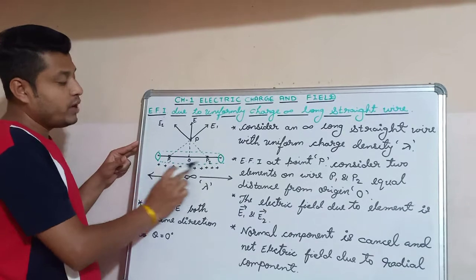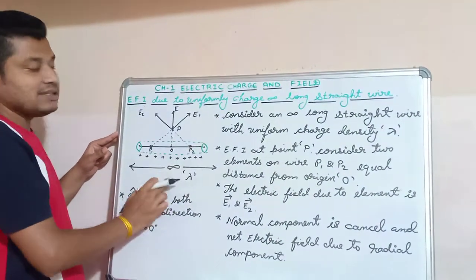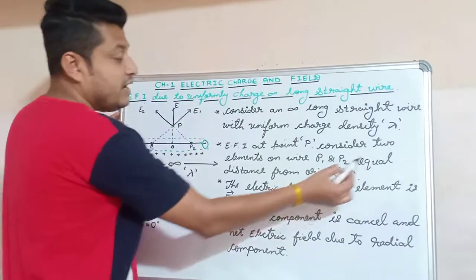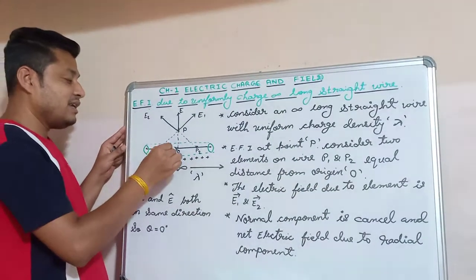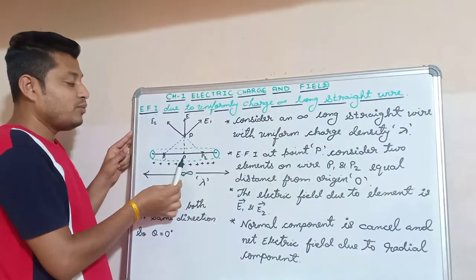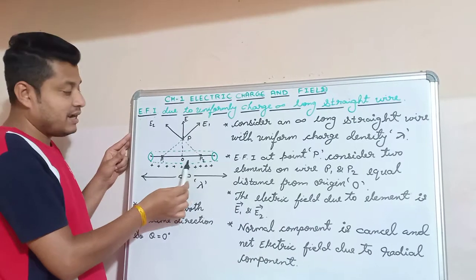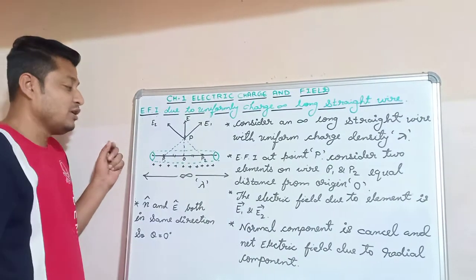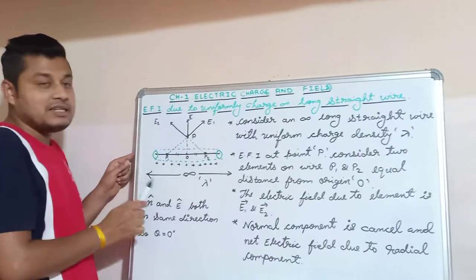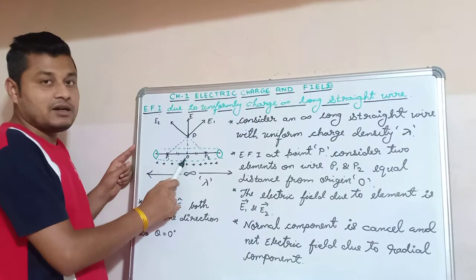We consider two elements on this straight wire, and the length of the wire is infinite, at equal distance from the origin O. The center of this wire is O, and from point O equal distance should be taken on both sides. So this distance is equal to this distance. Both the elements are at equal distance from the center O.